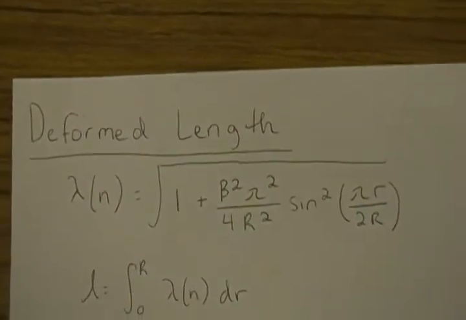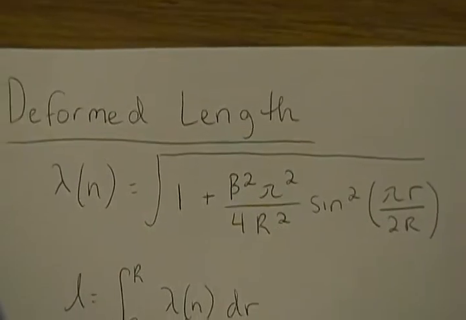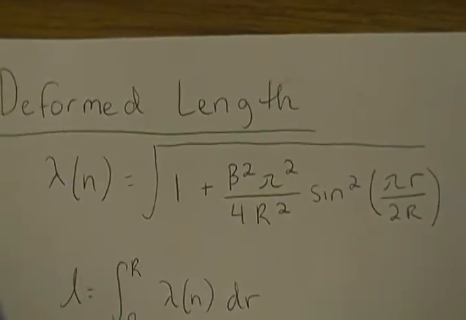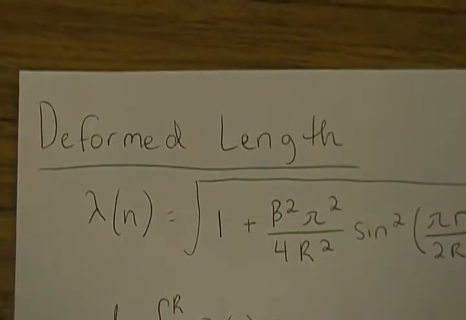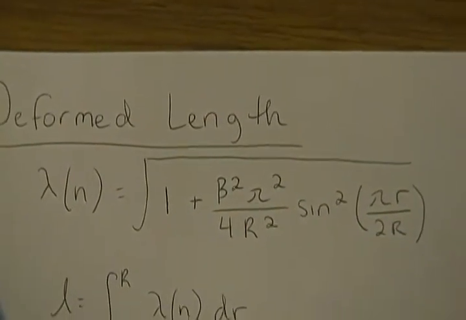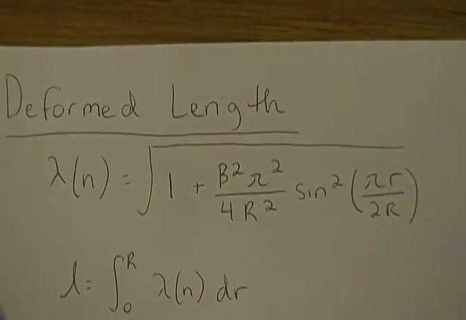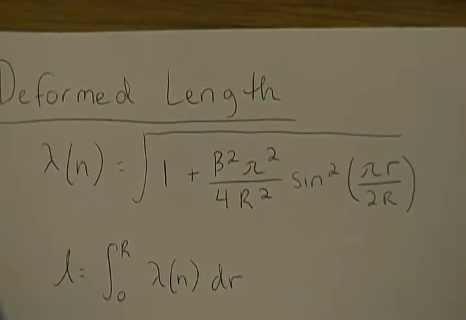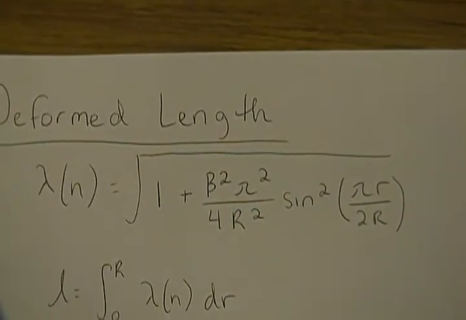The problem statement then asks for the deformed length in the radial direction. So this refers back to our stretch in the radial direction, lambda n, which is equal to the square root of 1 plus beta squared pi squared over 4r squared times the square of the sine of pi r over 2r.